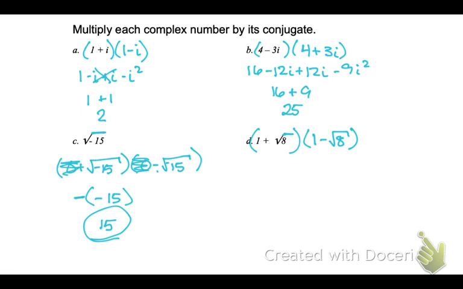Okay. So 1 times 1, I got 1 minus the square root of 8 plus the square root of 8. And the square root of 8 times the square root of 8 is 8, so negative 8. So my answer is negative 7. Is that right? Yeah. Okay.